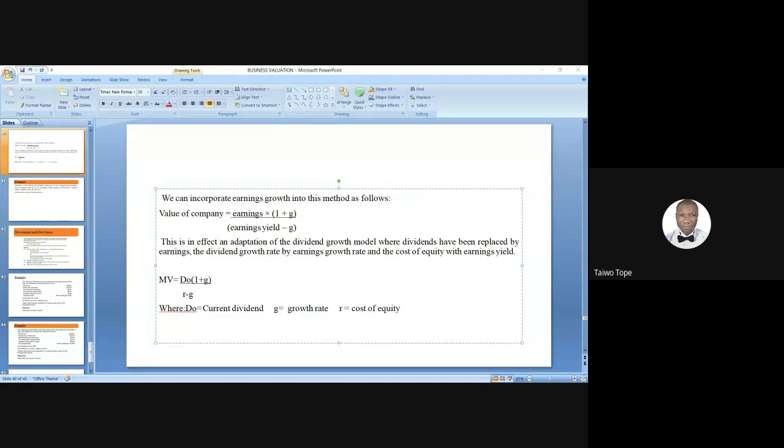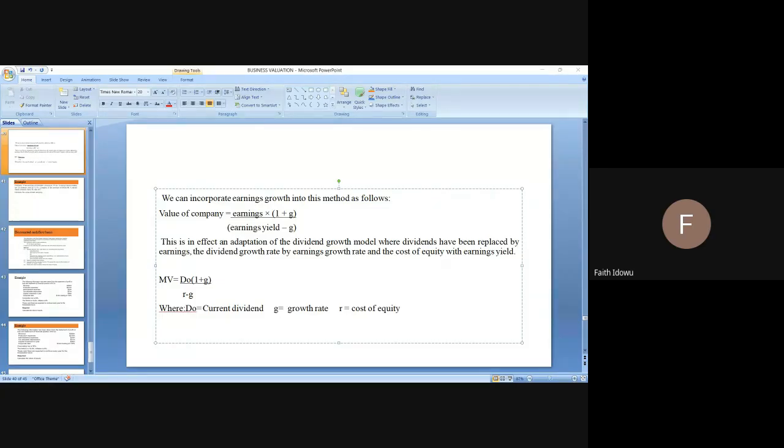Some of you have read this topic. I'm trying to find my way around what you are saying, but normally earnings is the revenue or the income the organization makes. So the earnings yield is what we produce or what we make.